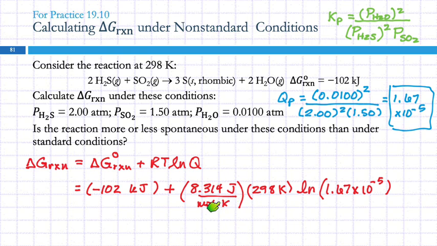Always write your units and look at them. Here we've got kilojoules and joules again. And so I'm just going to replace the K with what it means, times 10 to the 3. So I've got negative 102 times 10 to the 3 plus 8.314 times 298 times the natural log of 1.67 times 10 to the minus 5.